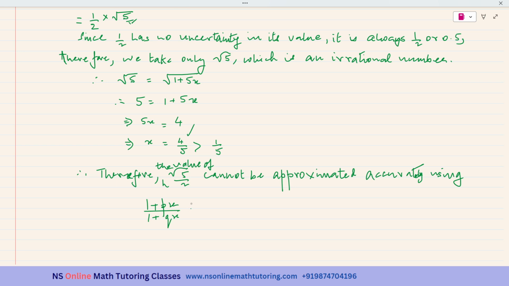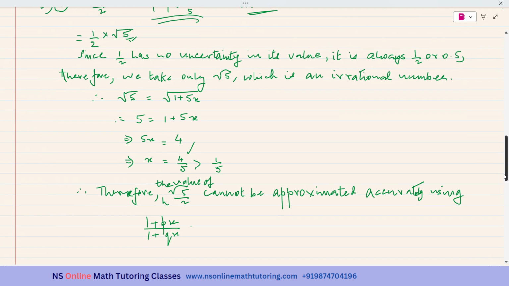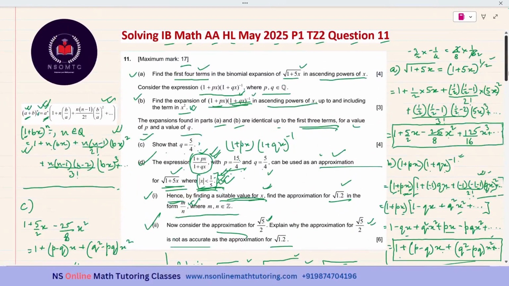Okay. So we have given the reason for why it is not as accurate as square root of 1.2. So we have completed answering this question number 11.